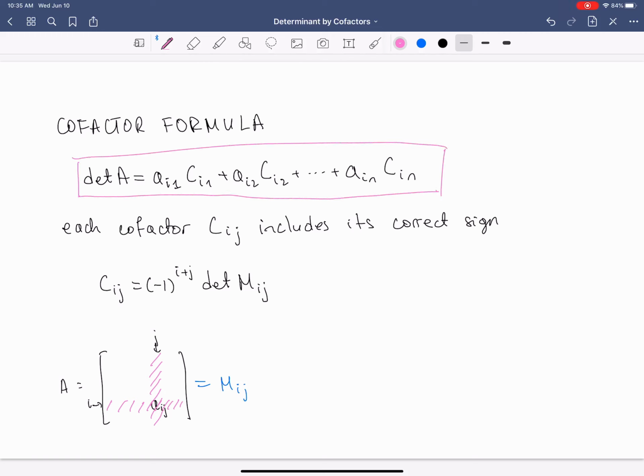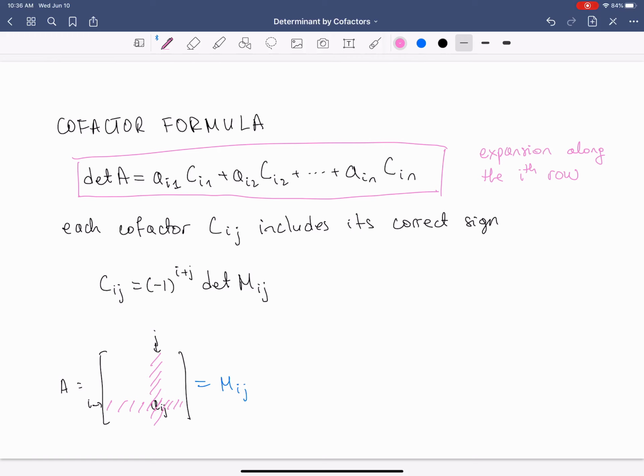I could also write it for any column. So this is expansion along the ith row. You see the determinant of an n by n matrix is the sum of n determinants of matrices of size one lower.